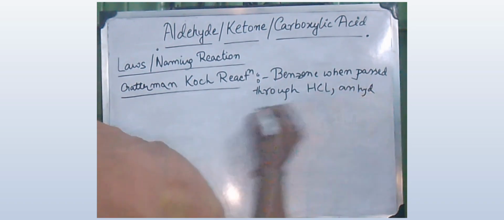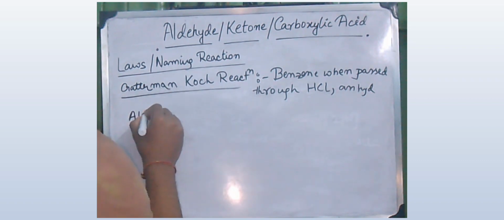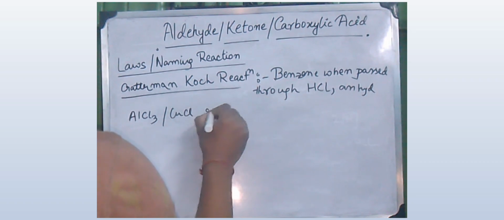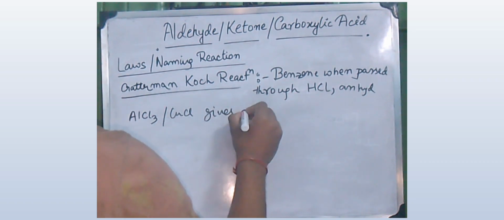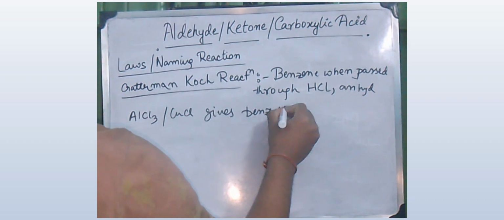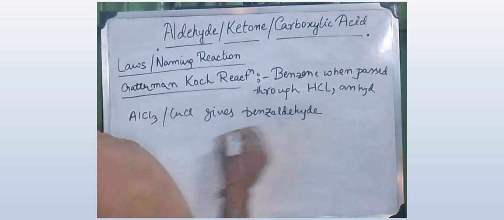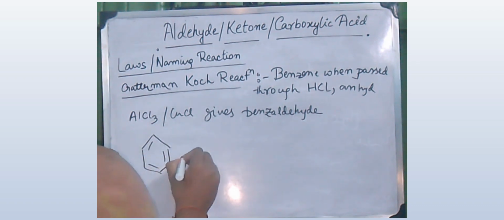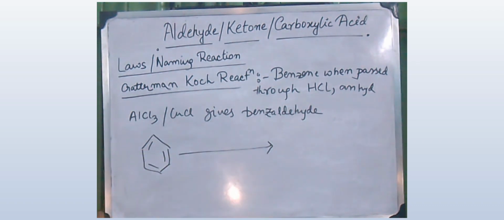So benzene when passed through HCl in the presence of anhydrous AlCl3 and CuCl gives benzaldehyde or a substituted benzaldehyde. So it is one of the easy reactions where benzene gets converted into benzaldehyde.